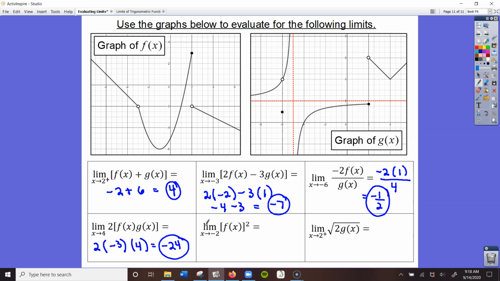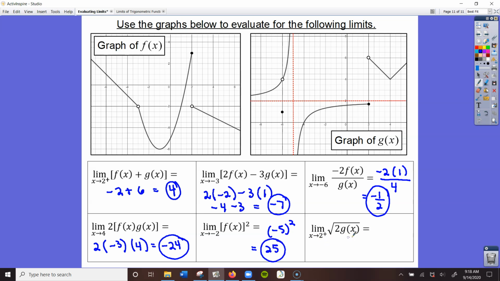Over here, we have the limit as x is approaching negative 2 of f of x squared. So I'm going to look at the limit as x is approaching negative 2 for f of x, which is negative 5, and then I'll apply the exponent after I find that limit, which is positive 25.